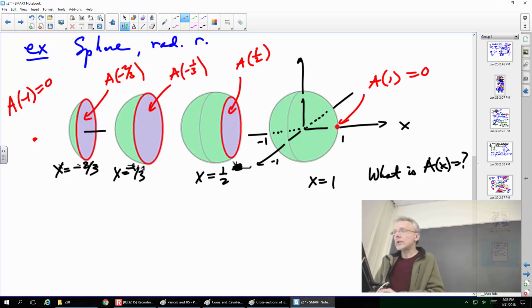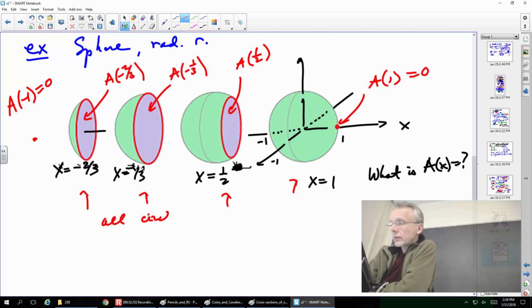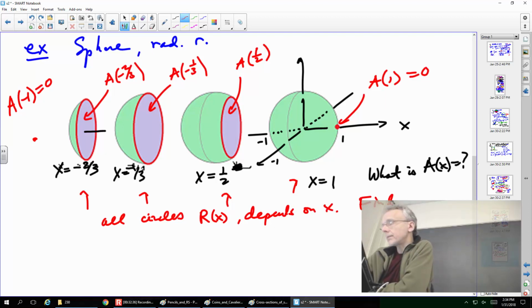So it looks more complicated than it deserves. What I'm going to do, because all we need to do is, okay, these are all circles. Say R of x. It depends on x. So we need to find that function.